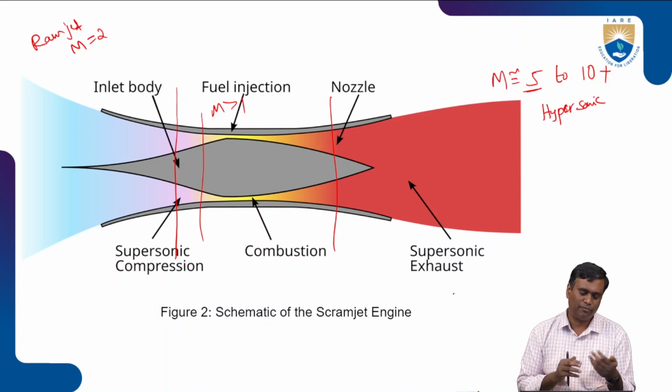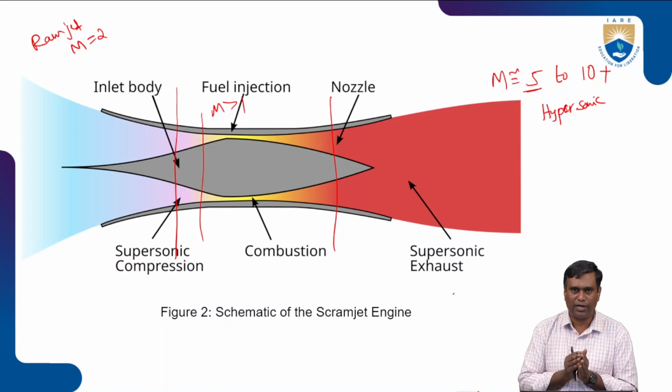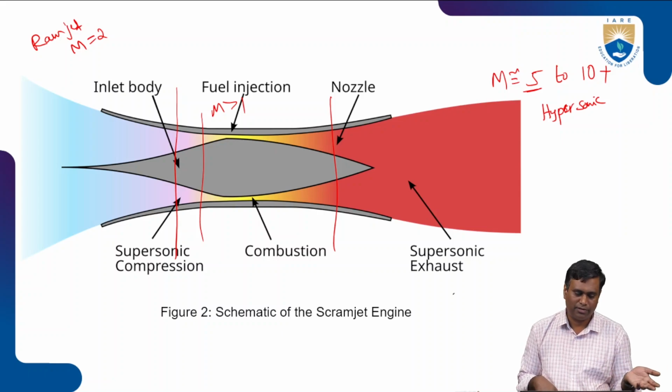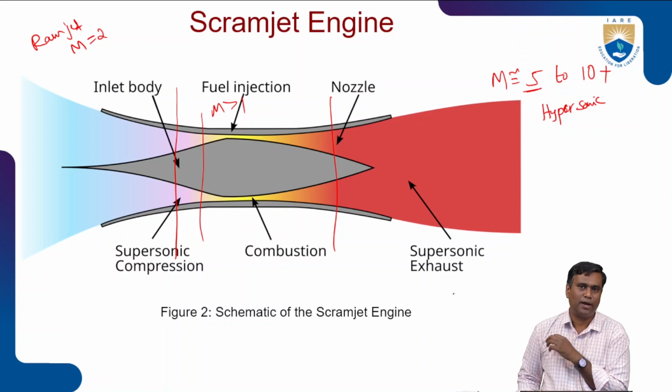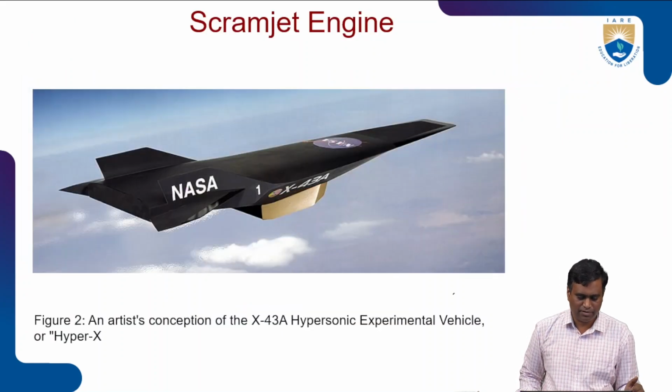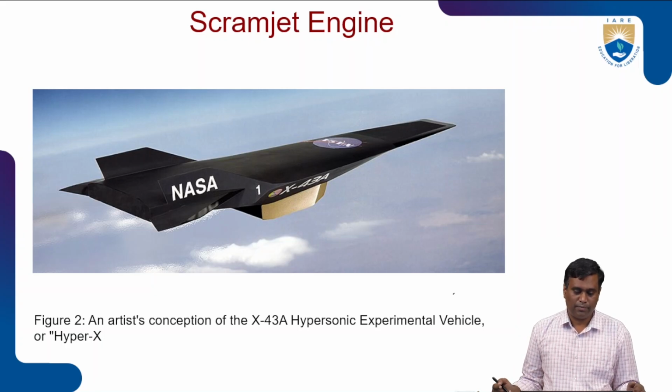And the combustion chamber, fuel injection and flame stability, all those things also must make sure that it sustains stable flow, stable combustion or stable flame, and then only this scramjet can be efficient. Otherwise, it is unstable, and at the same time, if the materials are unable to withstand such high temperatures, they fail or get damaged. These are a few of the developments of a scramjet engine.